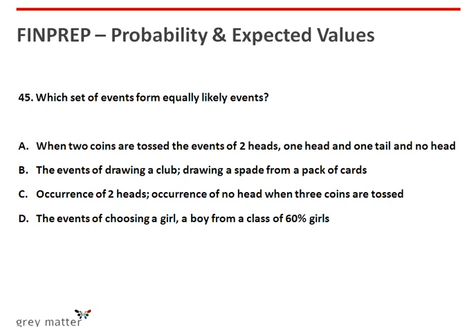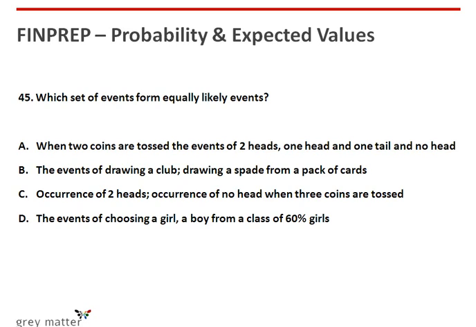All these will not have the same probability. While in the B option, the event of drawing a club is 13 by 52, while drawing a spade from a pack of cards is also 13 by 52. So they are equal. This is one of the events which form equally likely events.